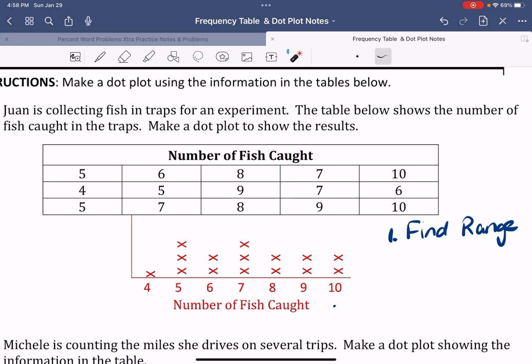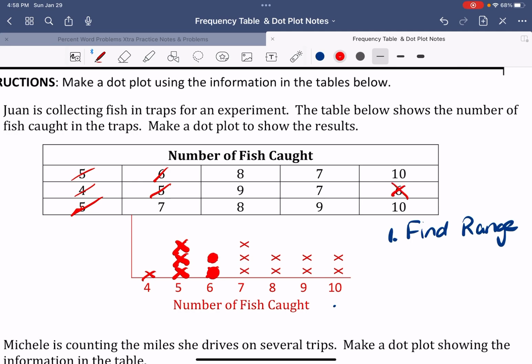Then you're going to go in and say, okay, I have 1, 4. I made an X here, okay? Here, and I'll just do this in a different pen. You can kind of go, I have 1, 4, okay? And so then you're going to make your X. And then I have a 5, make an X. I have another 5, make an X. Or a dot, make another 5, an X. Okay, so as you put them in your dot plot, here's another 6. You can even do this.